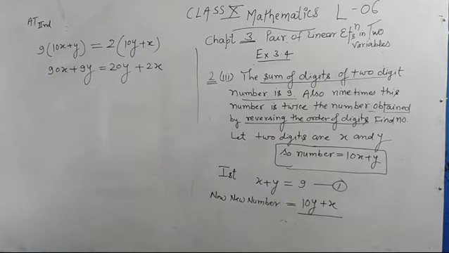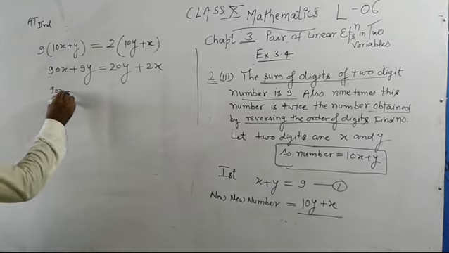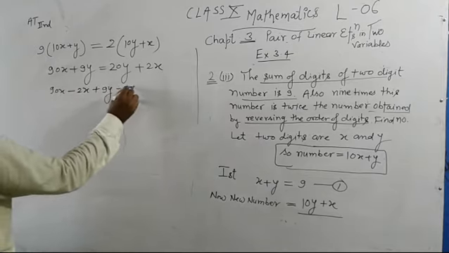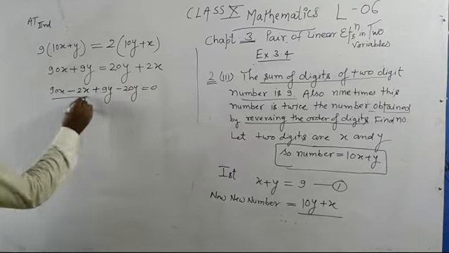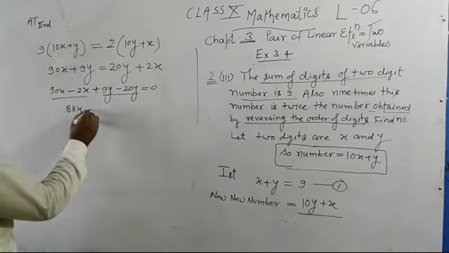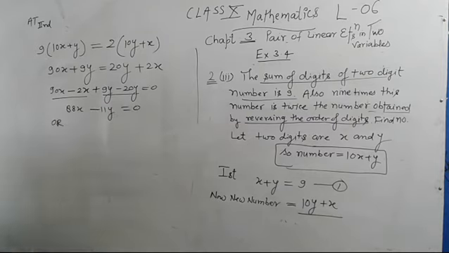Open bracket and transpose to one side. 90x minus 2x plus 9y minus 20y is equal to 0. It becomes 88x, and this becomes minus 11y is equal to 0.